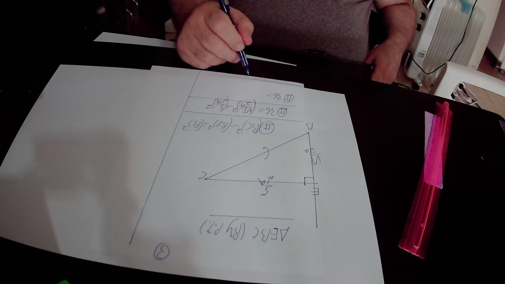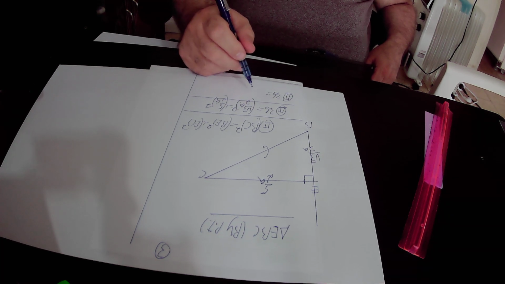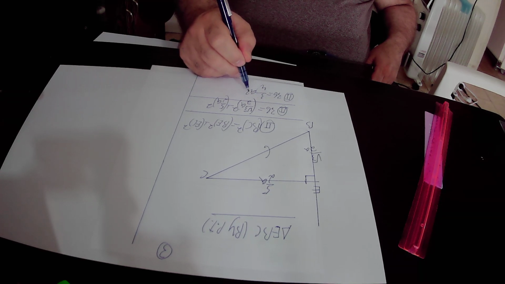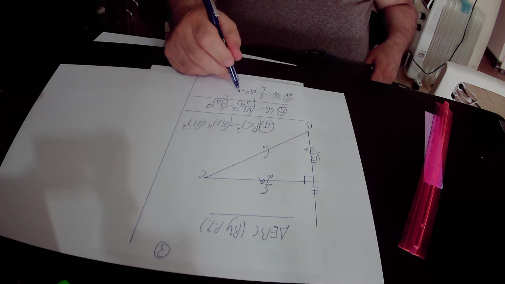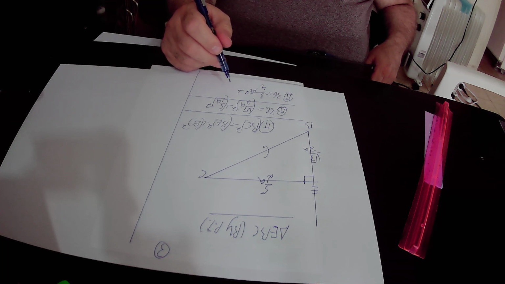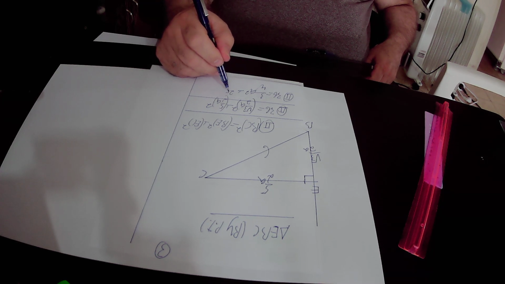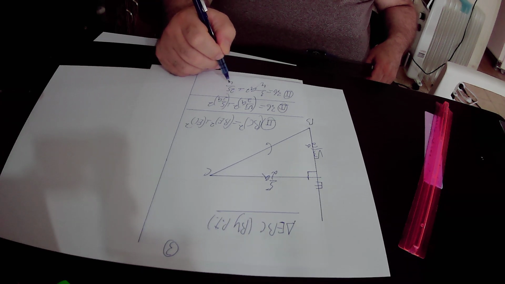This is equal to square root of 3 squared is 3, over 2 squared is 4, times a squared, plus 5 halves a squared. 5 halves a squared is equal to 5 squared, that is 25, over 2 squared, that is 4, times a squared.